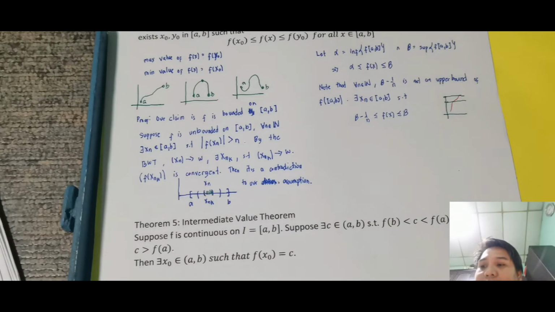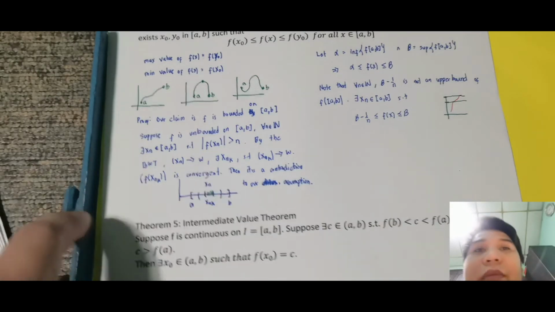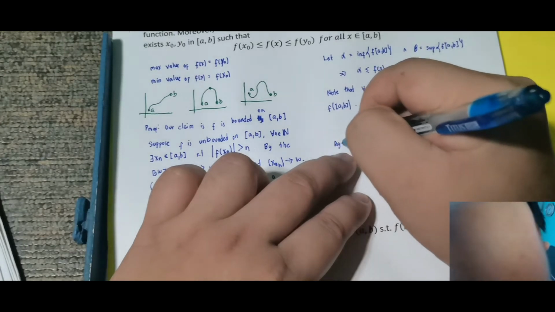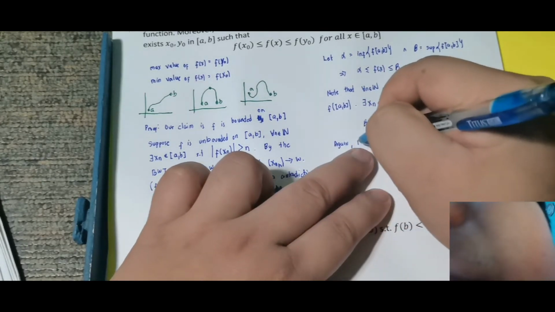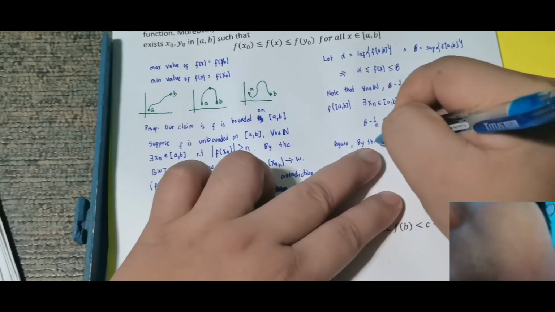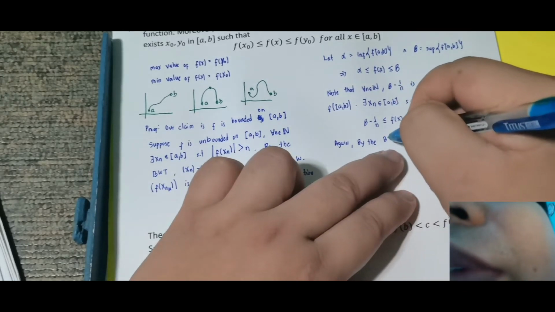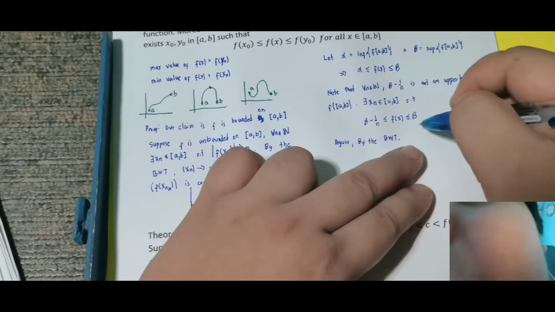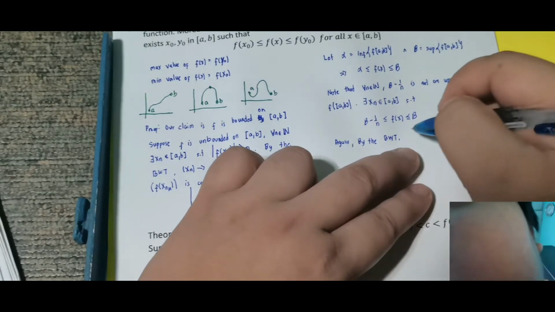So, by Bolzano again, by the Bolzano-Weierstrass theorem, there exists again an x sub n, our sequence.